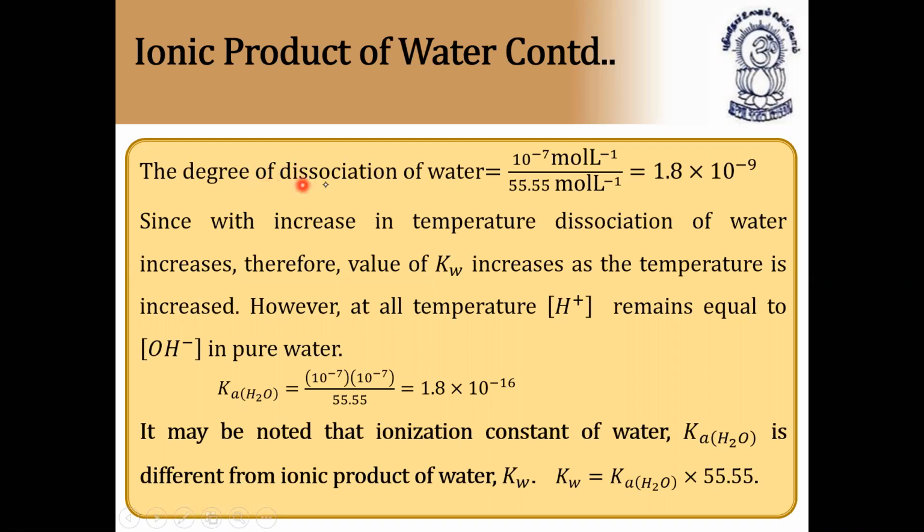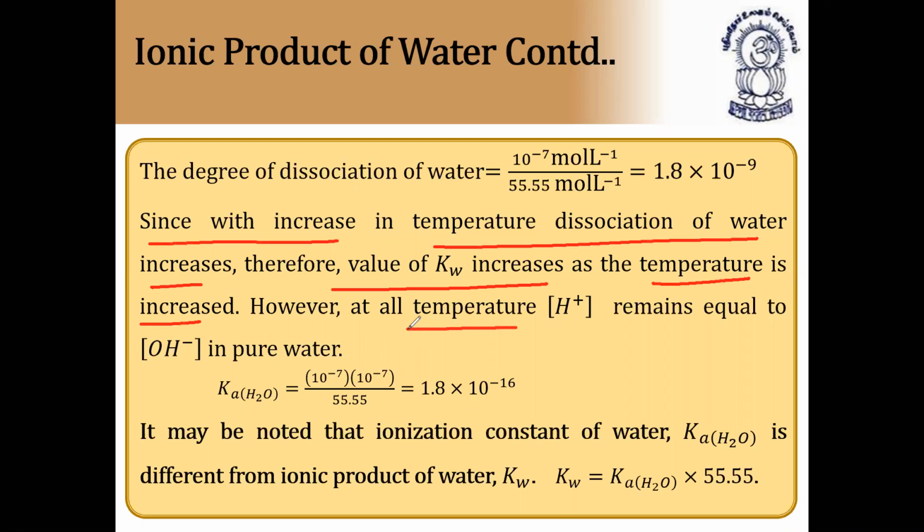And the degree of dissociation of water is equal to 10 to the power of minus 7 moles per liter by 55.55, which is equal to 1.8 into 10 to the power of minus 9. This point is also very important, please note down. Since with the increase in temperature, dissociation of water increases, therefore the value of Kw also increases as the temperature increases.